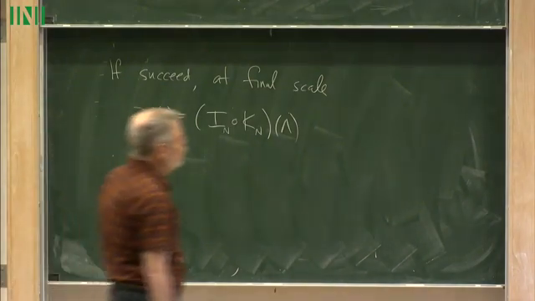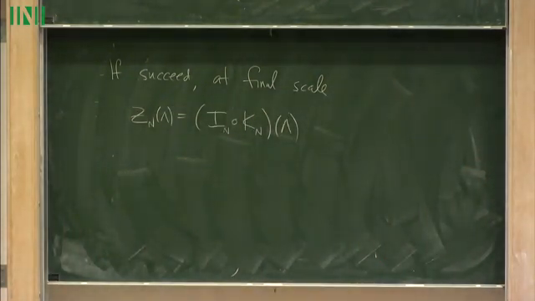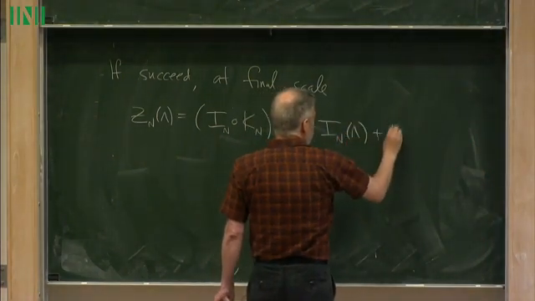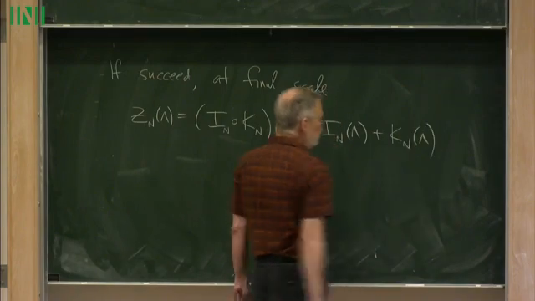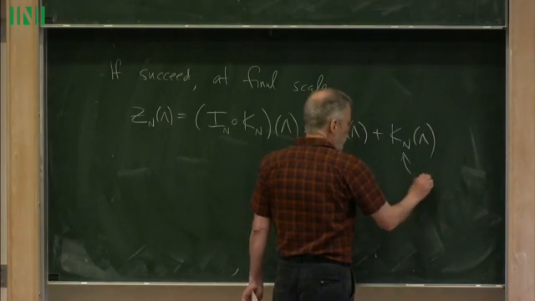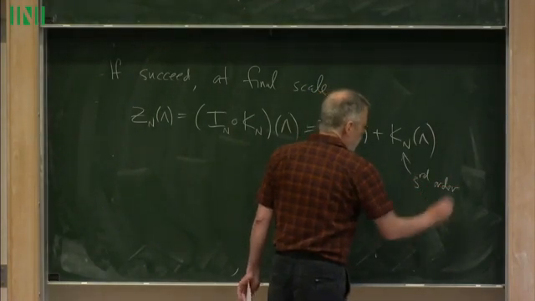And so in this sum here, when x is lambda, the only thing that y can be is empty or everything. So there's only two terms in this sum at the final scale. This is In of lambda plus Kn of lambda. This In of lambda should be third order according to what we desire.